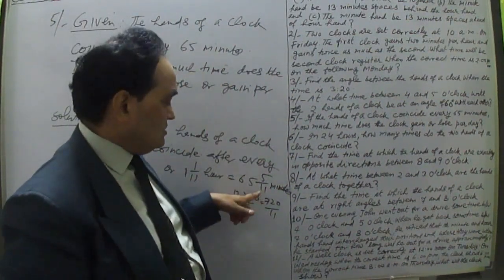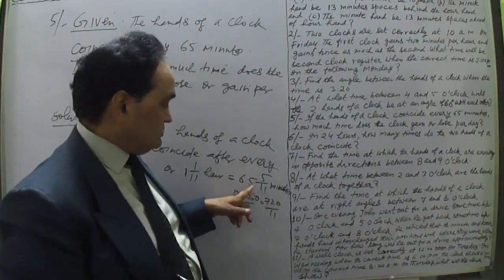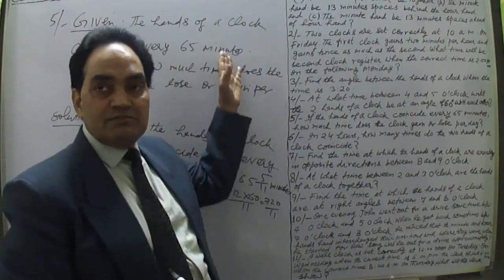That means this is a gain. I mean, 65 and 5 upon 11 is actually happening, but it is given as 65.